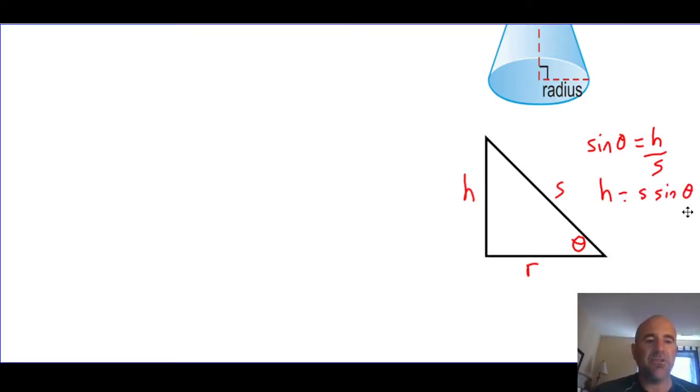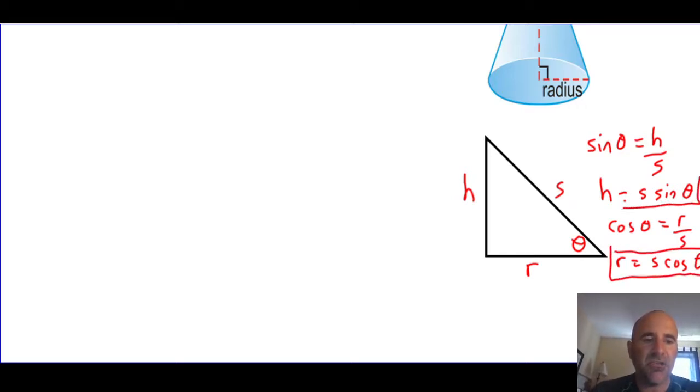I can also notice that the cosine of theta is equal to R over S, which means that R is really S times cos theta. So now I have these two equations that I can use for R and H, and they're both in terms of S and theta.